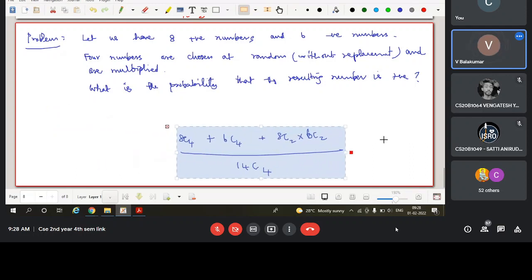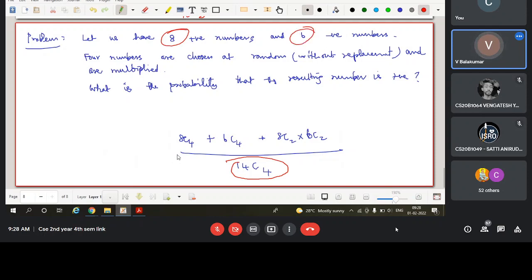So we want to choose 4 numbers. First, let us find the total number of possibilities. We have 8 and 6, 14 numbers. After that, we want to choose 4 numbers. The denominator is fine.